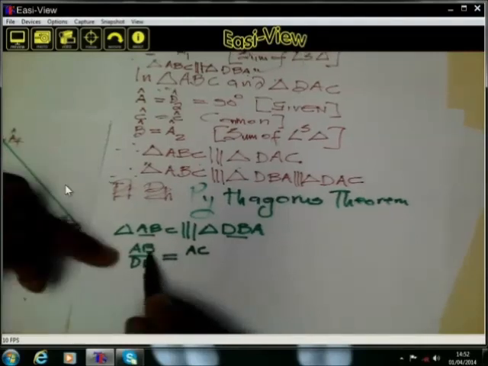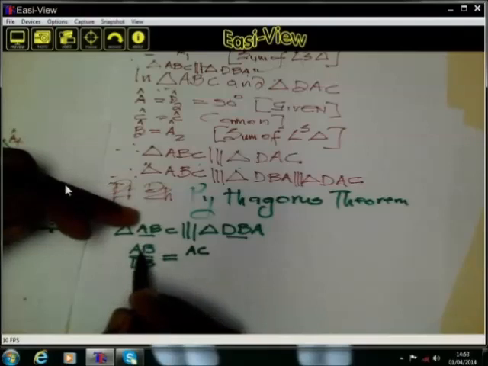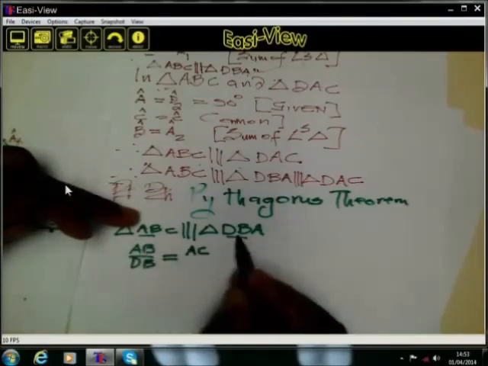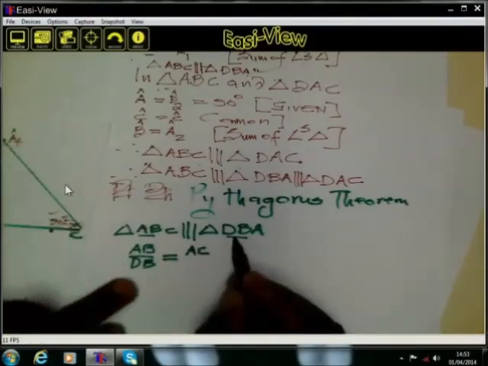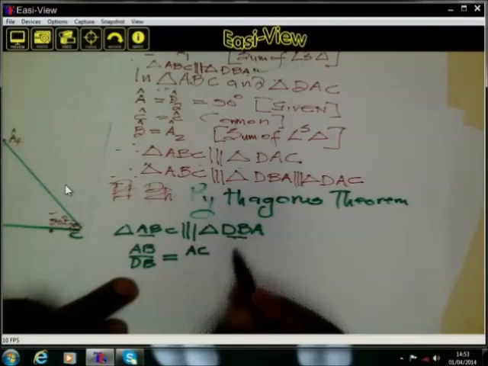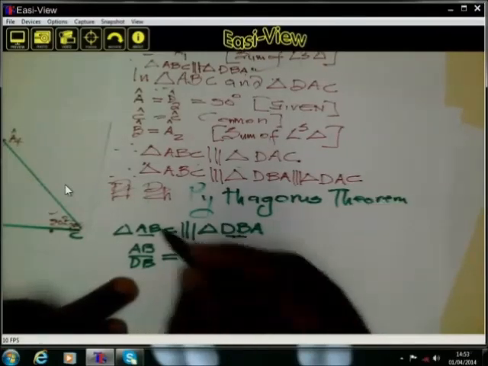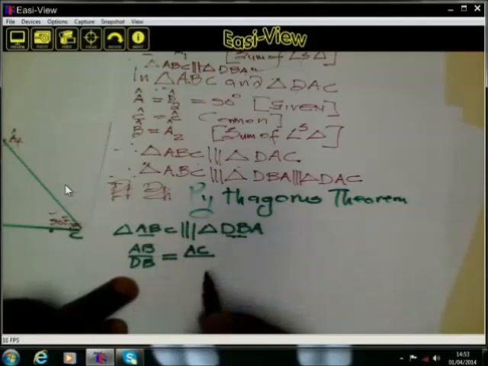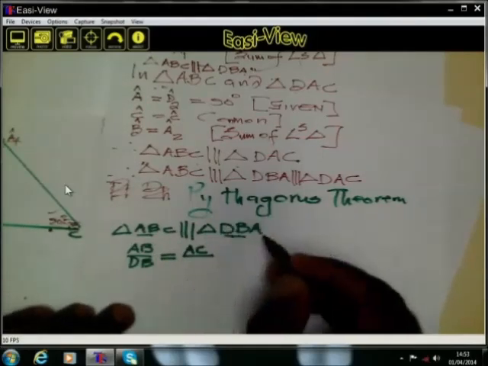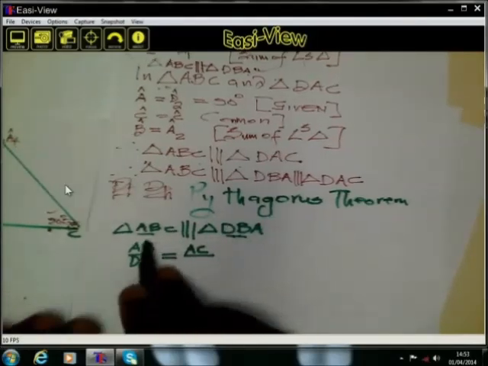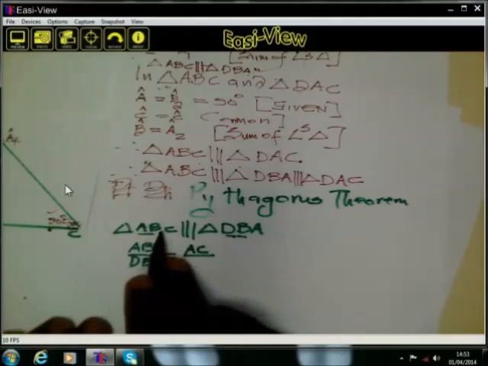It is the smallest side of this triangle, which is AB, over the smallest side of this other triangle, DB, divided by the longer side. Is it AC?